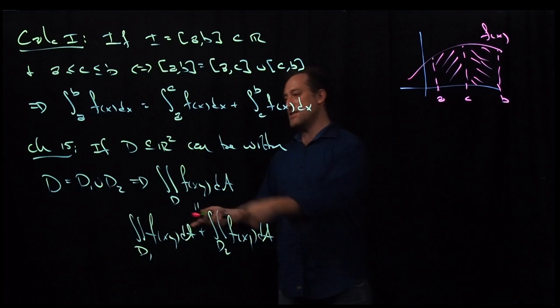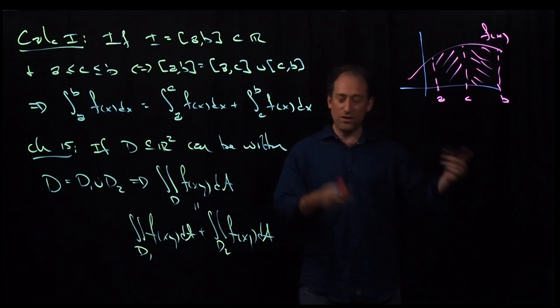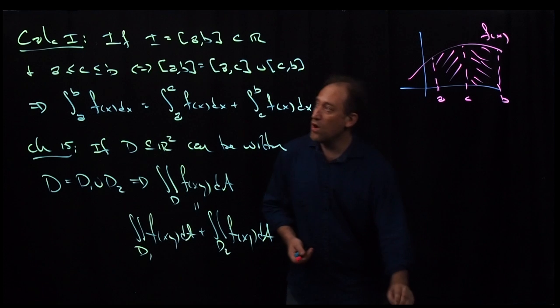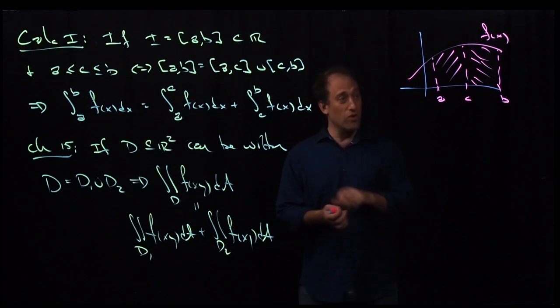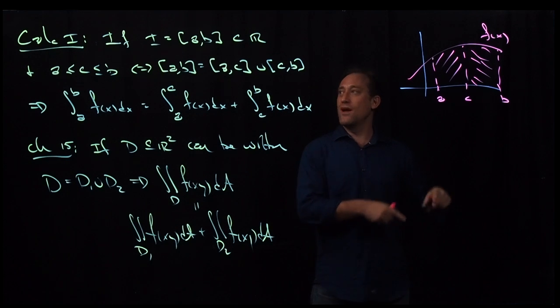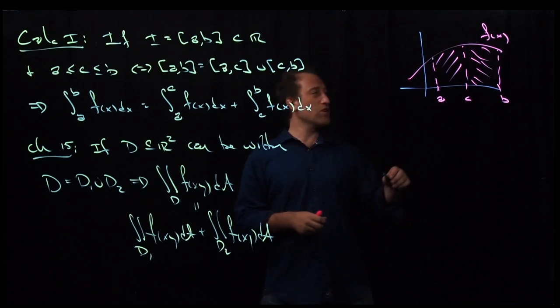And of course this extends to solid regions in R3 if you can chop them up into pieces as well. So what should be true when we extend this principle to line integrals over curves?